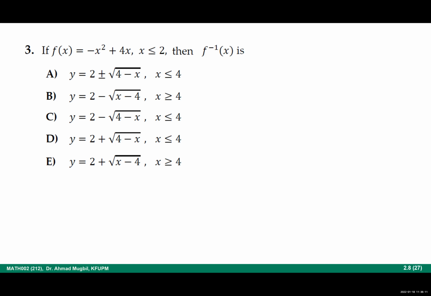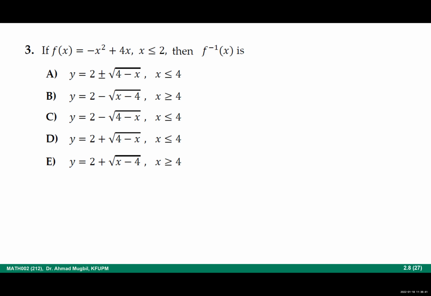Okay? So the inverse, you have options, by the way, A, B, C, D. Which one is the right choice? So according to your solution, your answer is? Your answer is C. Okay, we have C. What about your answer?